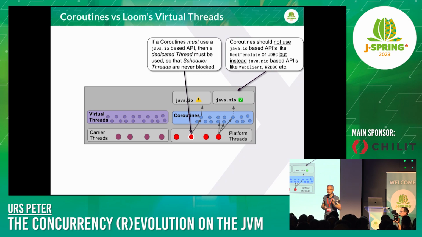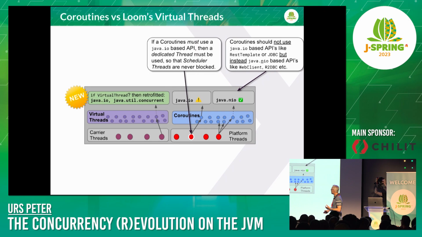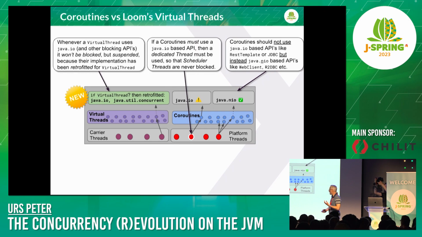Now, the wonderful, really awesome, cool thing about Loom is that they retrofitted these old-fashioned APIs we try to work around in our reactive model, namely Java I/O and Java concurrent, because these blocking things are such that whenever a virtual thread calls them, the underlying carrier thread wouldn't be blocked.